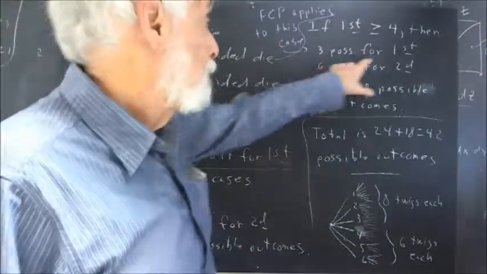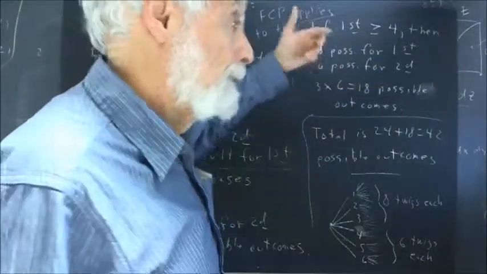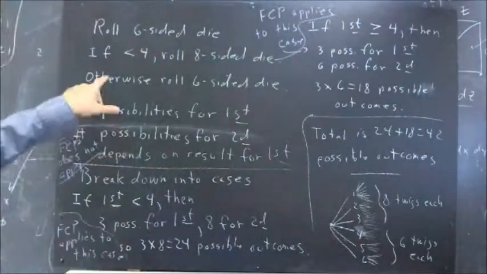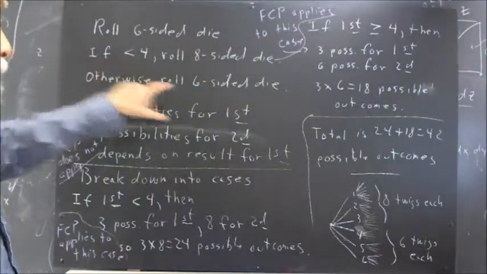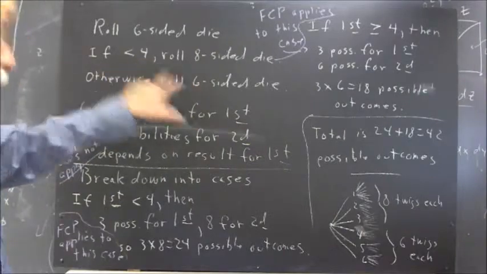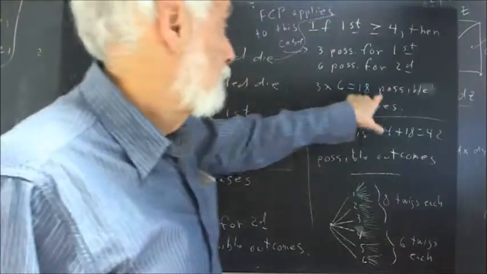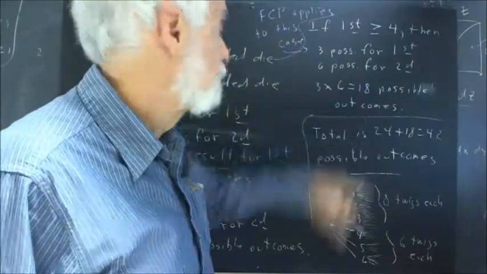There are 3 possibilities for the first in this case, 4, 5, or 6, and 6 possibilities for the second, because having rolled a number greater than or equal to 4, that isn't less than 4, you're going to roll a 6-sided die, giving you 3 times 6 or 18 possible outcomes.